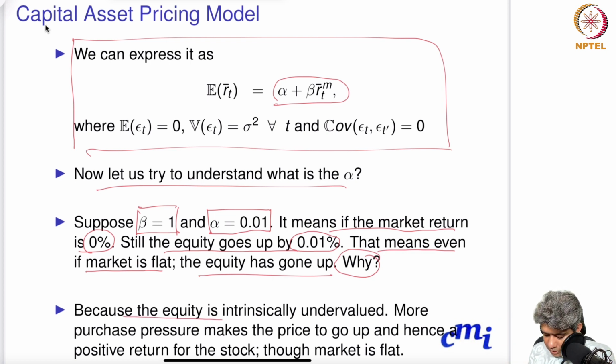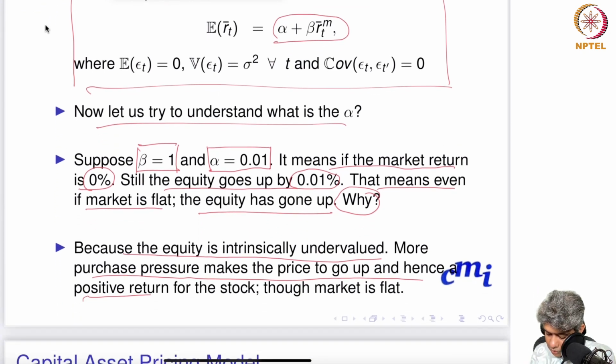Because the equity is intrinsically undervalued. More purchase pressure makes the price go up and hence positive return for the stock price, though market is flat. So alpha strictly greater than 0 means the equity is underpriced.